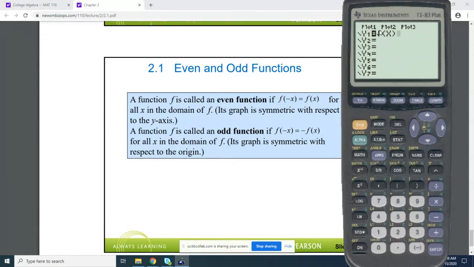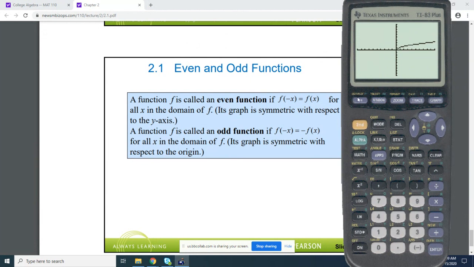I know on the TI-84s, when you put in the square root, it'll just capture everything under the square root, so there wouldn't be a need for any parentheses. But since I'm using the 83, I have to put my argument for the square root in a set of parentheses. And now if we graph, notice that basic shape that every square root graph is going to take on.